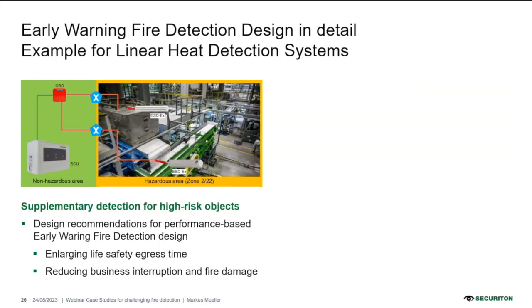If we look at linear heat detection, we have also object protection within the hazardous area. Again, it's pretty much the same thing as for ASD. We just show you how to apply a different detection technology in these things, how to install it, and what you must pay attention to.